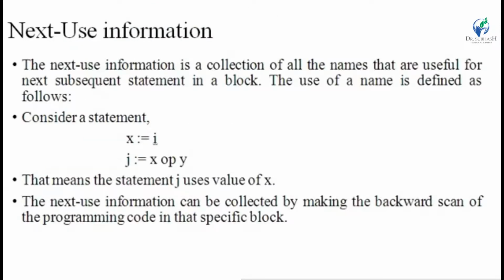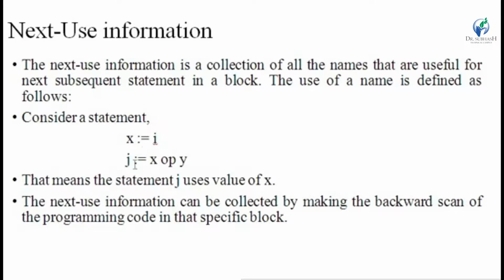Next is next use information. The next use information is a collection of all the names that are useful for next subsequent statements in a block. So the use of a name is defined as follows.